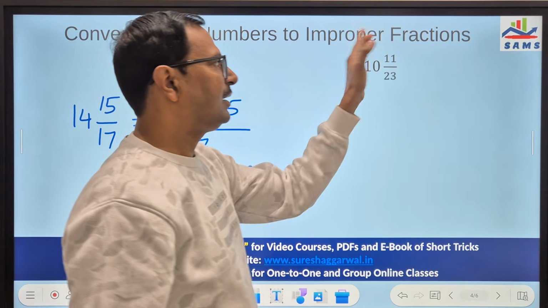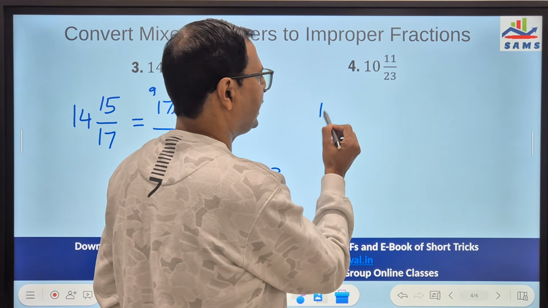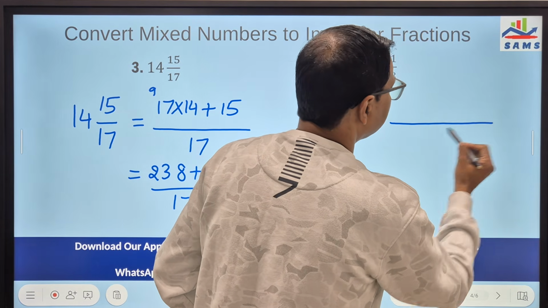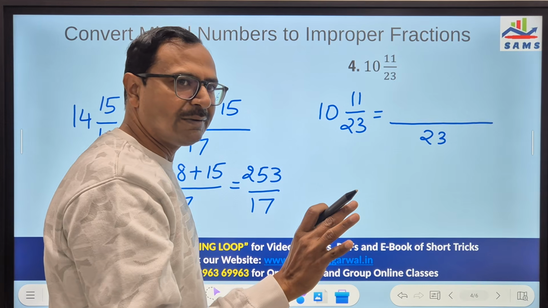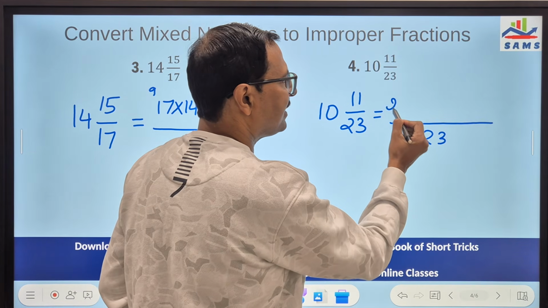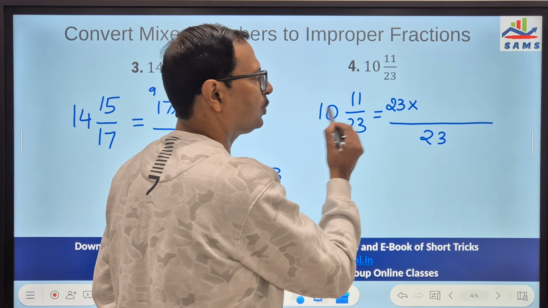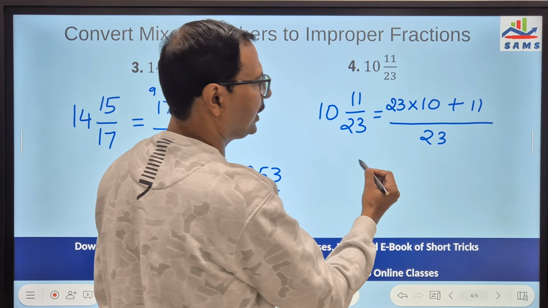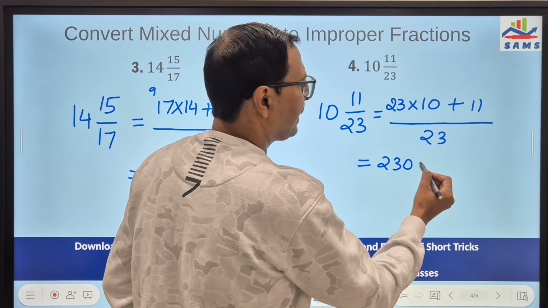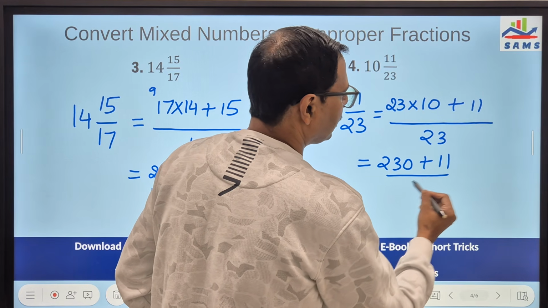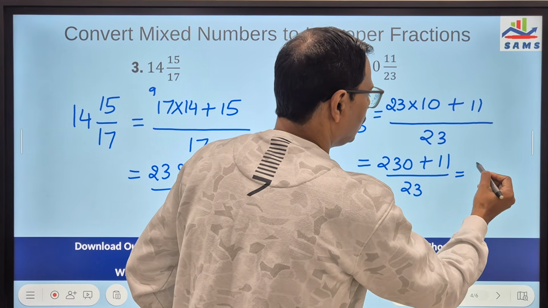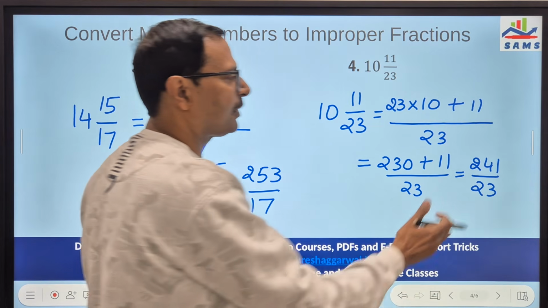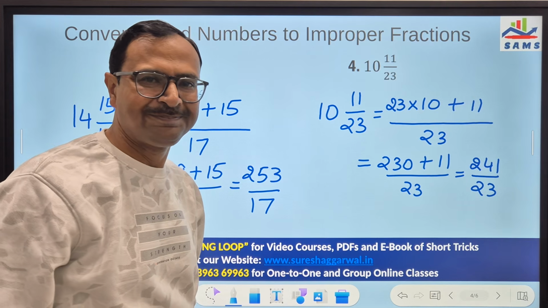Likewise, 10 11 upon 23. So 23 will be the obvious part in the denominator, the divisor. Start with the divisor only, multiply by the quotient 10, and add the remainder 11 to that. So you get 230 plus 11 upon 23, giving you 241 over 23 as the improper fraction of this mixed number.